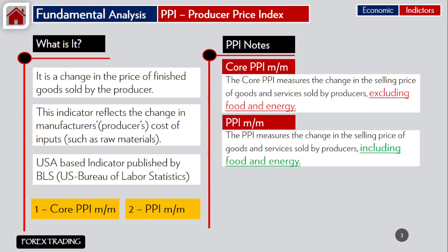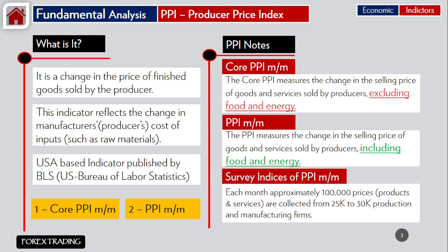So in core we do not count food and energy items, but in simple PPI we include food and energy items.